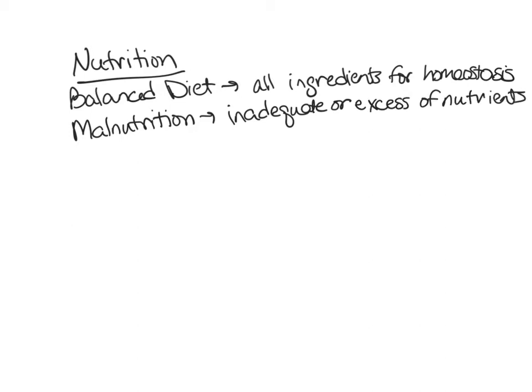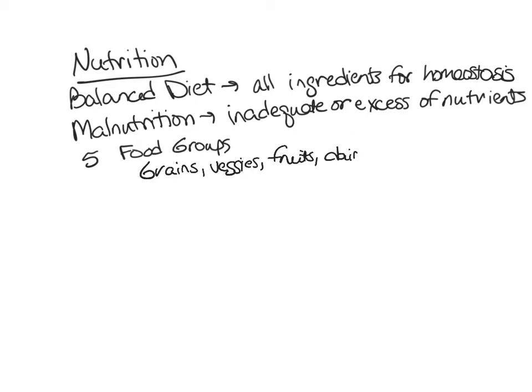There are 5 different food groups, and I know you've heard these before. There's grains and veggies and fruits and dairy and proteins. A complete protein is a protein that provides all the essential amino acids in sufficient quantities.